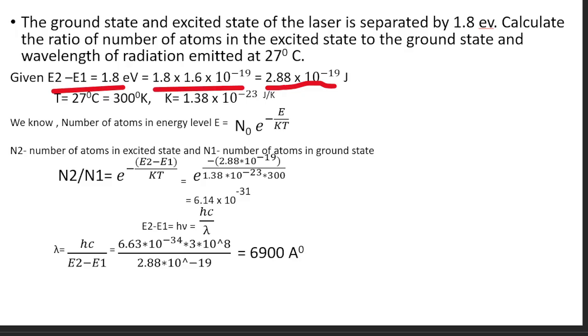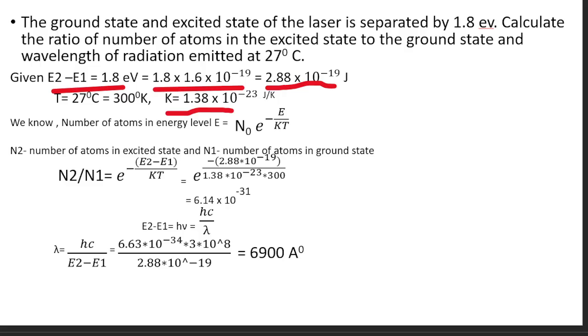We have to convert it into Kelvin, so we add 273 to this value, and we get the temperature in Kelvin. Next we have k, the Boltzmann constant, whose value is 1.38 into 10 raised to minus 23 joule per Kelvin. Now we have to calculate the ratio. For that, we use the relation N equals N0 e raised to minus E upon kT.